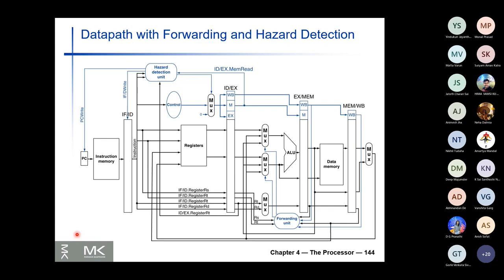So we talked about three different kinds of hazards and the impact of hazards on the pipeline flow, the techniques of forwarding, the techniques of hazard detection, and stall insertion.